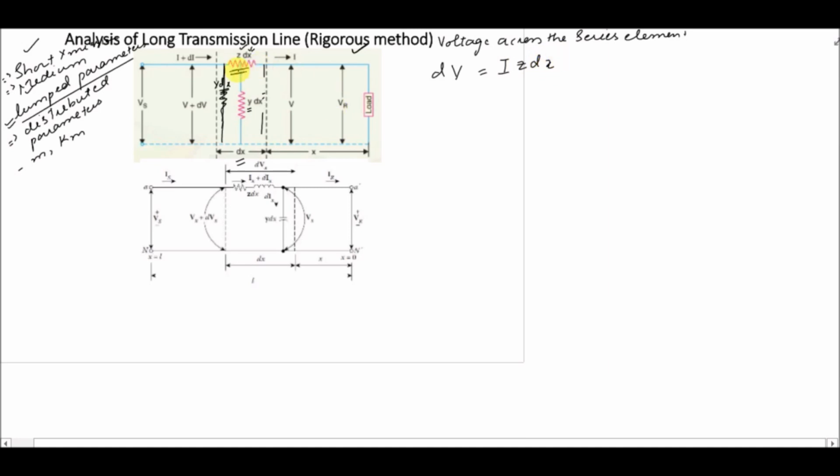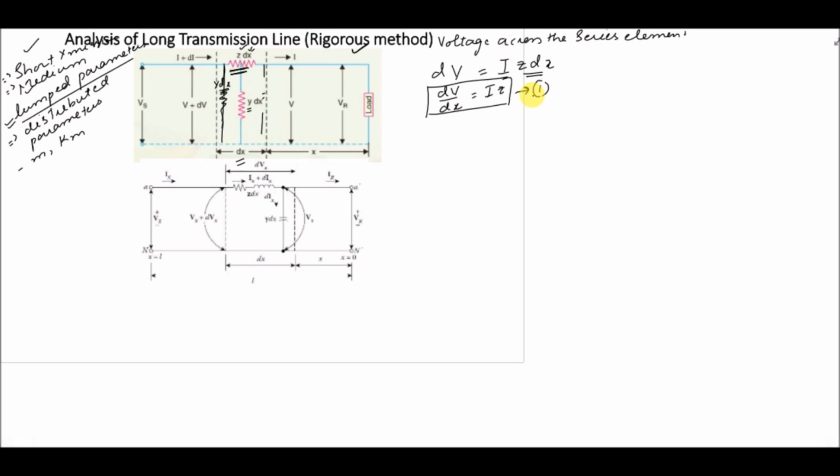The impedance of this series element is z dx, right? And the current that is passing through this impedance is I. So the voltage that is across this small series element is dV. So from here I can write dV over dx is equal to IZ. This is our first equation.